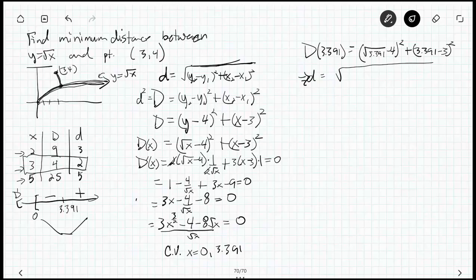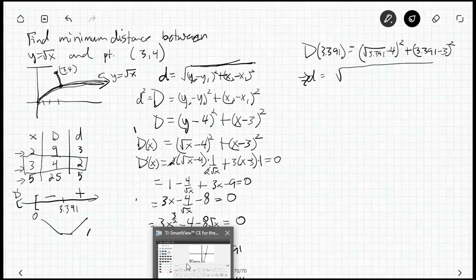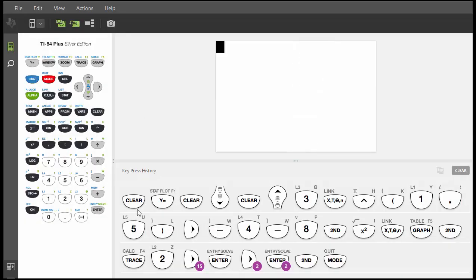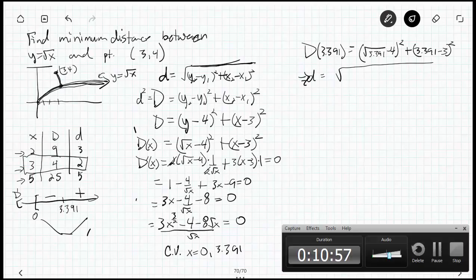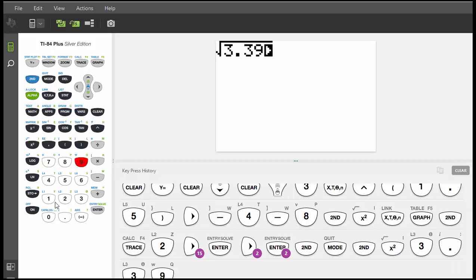You know what? Just to be complete, you guys will hate me. Oh, well, I guess now I have to. Whoa, what is going on? All right. Sorry, you guys. Oh goodness, now I got to go back here. Square root of 3.391 minus 4.